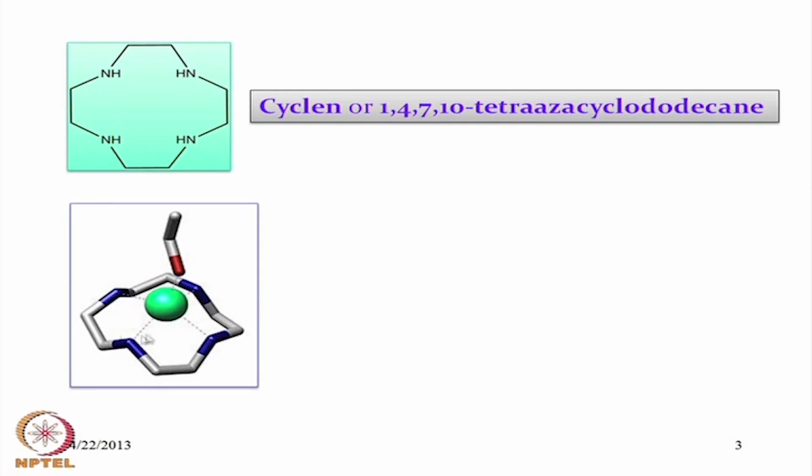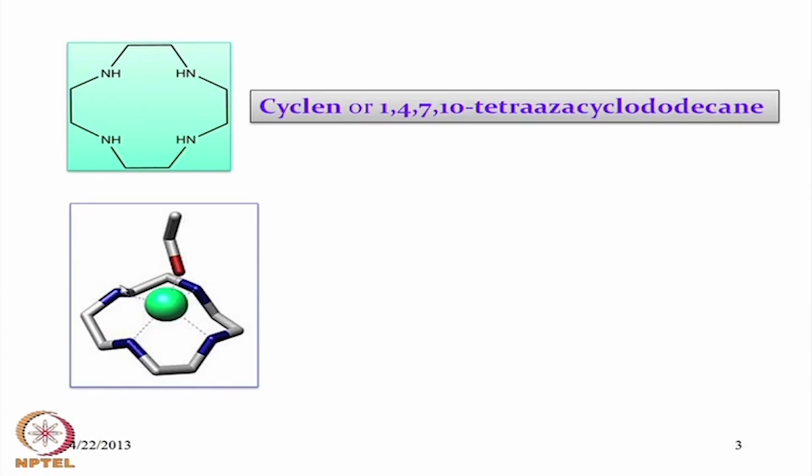When we look at how this particular geometry can bind, because these are all saturated CH2 groups, all tetrahedral carbon, when the tetrahedral carbon tries to bind a metal center, this entire ring cannot be planar, but is a puckered one, where we see the 4 nitrogen atoms, these NH groups: this is the first nitrogen, this is second, this is third and the fourth one.